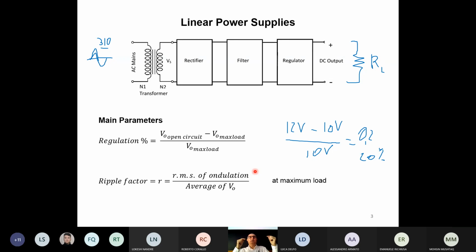While if we use the ripple as just the peak to peak amplitude of the variation, this variation may have different shapes. So if the shape changes, the ripple will change. While if you use the root mean square value, the power associated with the ripple, that's a more precise measurement of the ripple itself.